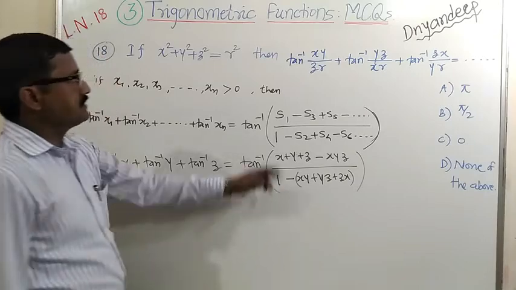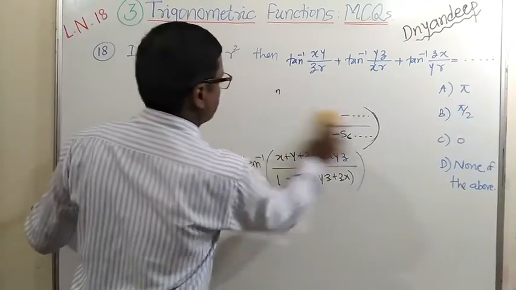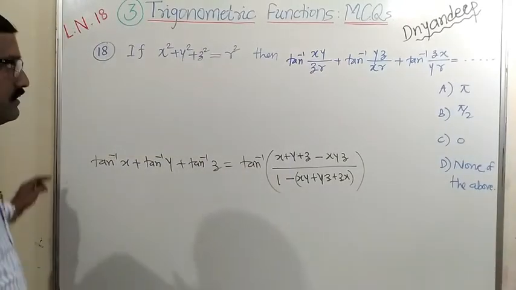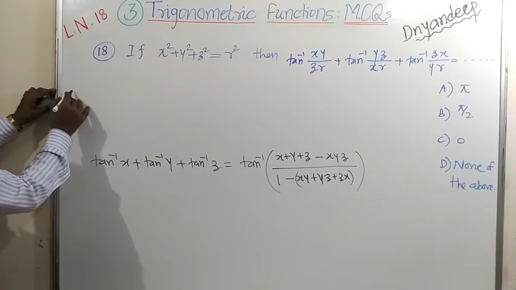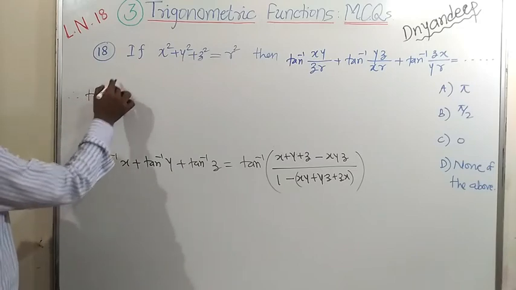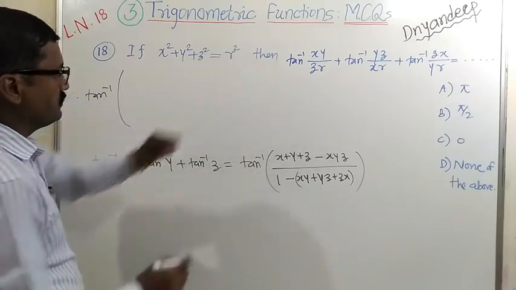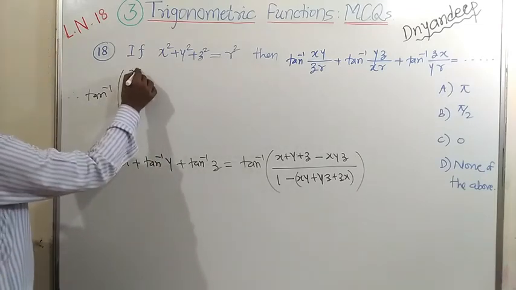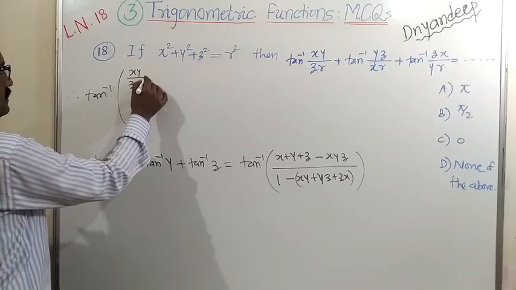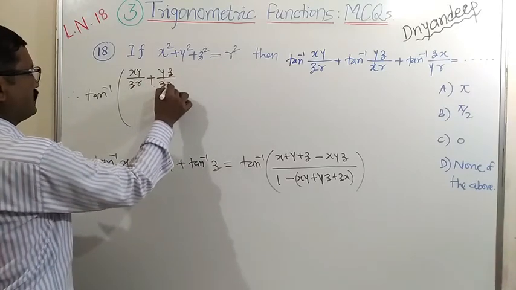Okay, let us use this here, so that we get, therefore, that is equal to tan inverse of, what is x here? x is nothing but xy upon zr. What is y? It is yz upon xr.